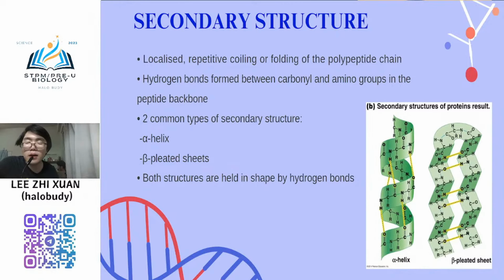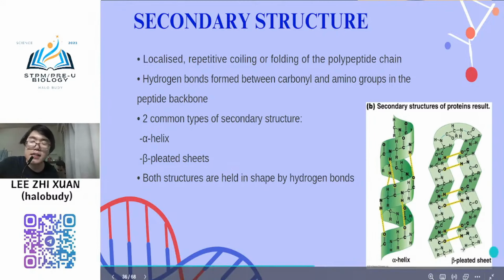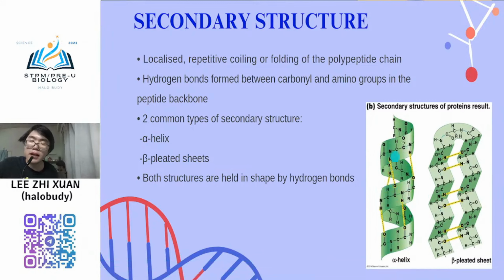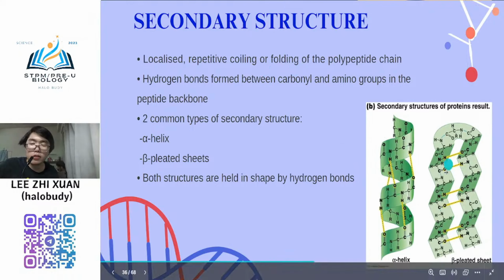It is similar in protein, but here they are not different proteins. They are just different locations of amino acids. In different locations of the amino acids, if there is a partially negative oxygen and a partially positive hydrogen, they are able to form hydrogen bonds, so that the polypeptide chain can coil or fold. You can see the polypeptide chain is like that.